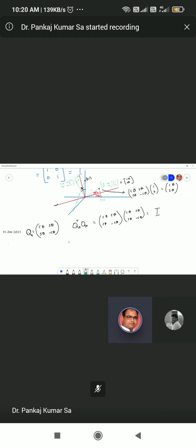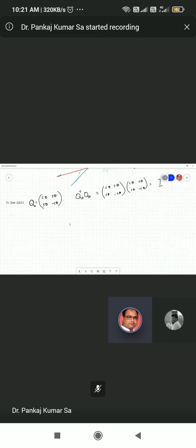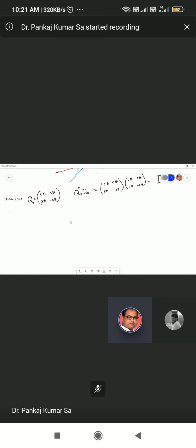So this is what the reflection matrix is. But why are these so important? Can I prepare any random matrix and call it a transformation matrix, what you call reflection, rotation, and all this?